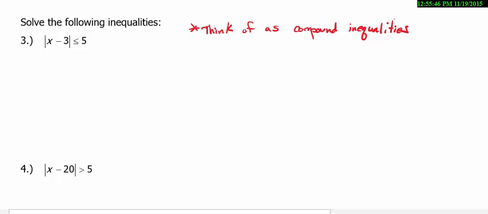If you look at number 3, it says that we have the absolute value of x minus 3 is less than or equal to 5. Right off the bat, we know that because of the less than, we should have an and type of situation. So we have x minus 3, after we drop the bars, is less than or equal to 5. Here's our positive case. The negative case we will have is x minus 3, switch the direction of the inequality symbol, greater than or equal to negative 5.